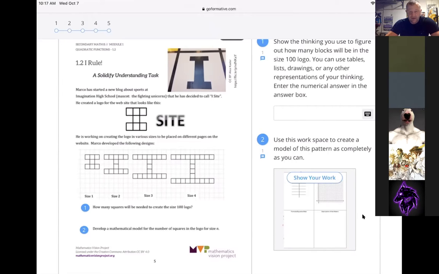Just like yesterday, but we got a new pattern, okay? So you'll take that number and type it into number 1. I'll change the setting on GoFormative so you can know if you got it right or not. There aren't many like that today, where you type something in and you'll know if you got it right, but this one is.